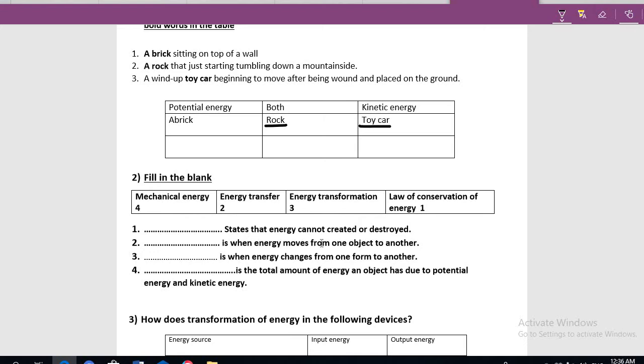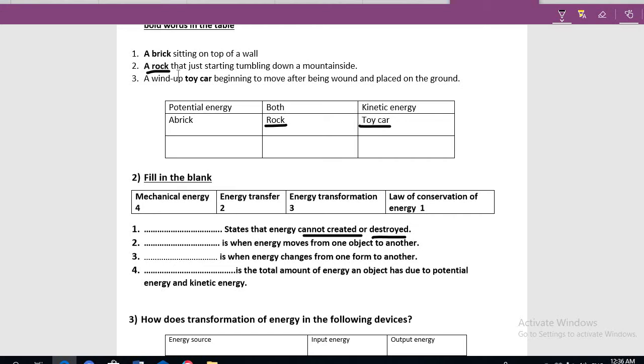State that energy cannot be created or destroyed. This is a law called the law of conservation of energy. This law states that energy cannot be created or destroyed, it just changes from one form to another. For example, a rock on top of a wall has potential energy.